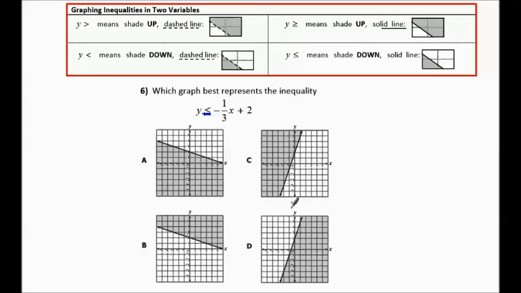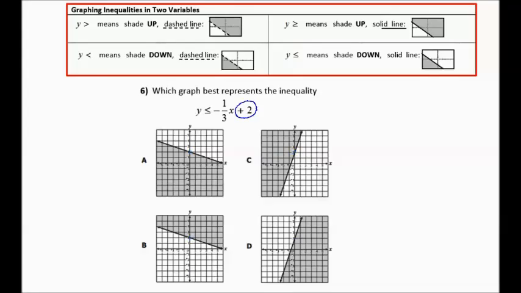All of these show up solid, so that doesn't help us narrow it down. The next thing we check for is the y-intercept, where the line crosses the y-axis. It should be at positive 2. So this occurs at positive 2, same here, and same here. In some cases, that's going to help you narrow it down. In this case, it doesn't.